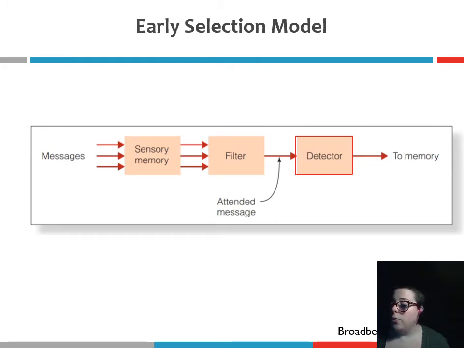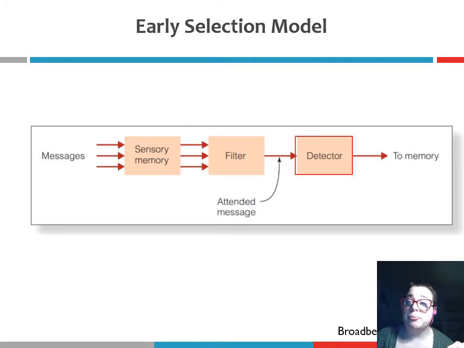So now the detector is going to process the information from the attended message, okay, to determine its higher level characteristics. In this case, primarily its meaning, okay? So the detector is responsible for processing the information from the attended channel in terms of meaning, okay?